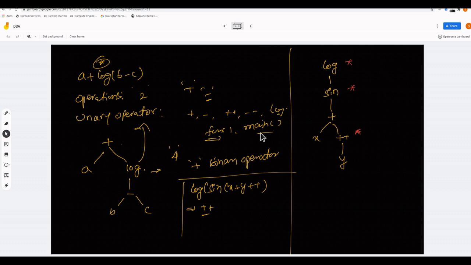It is log of sine of, then it has an addition operator plus, which is applied on x and y plus plus. Again, the plus plus is another operator which is a unary operator, so it has just one child which is y. Okay, so the depth is 5. Hope that is clear to everyone, right?